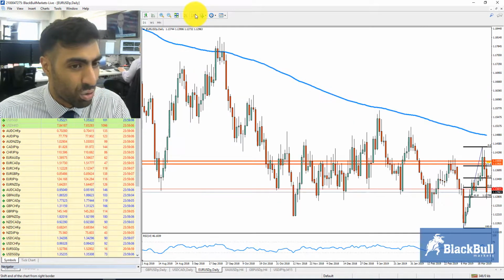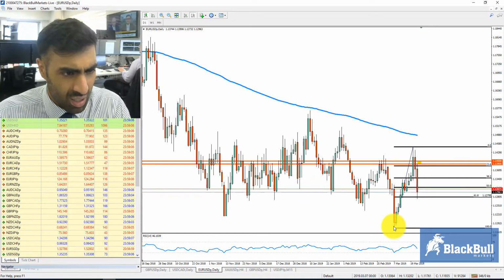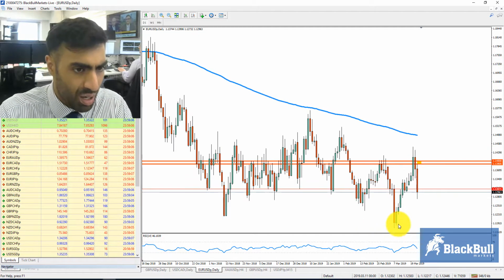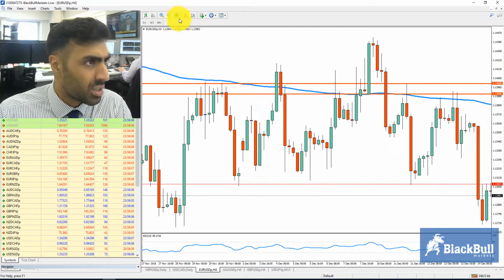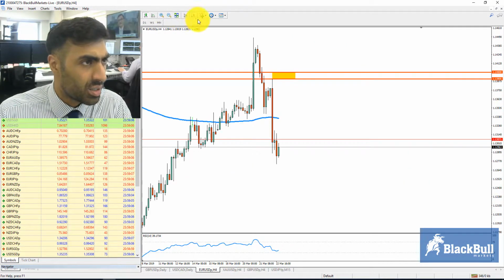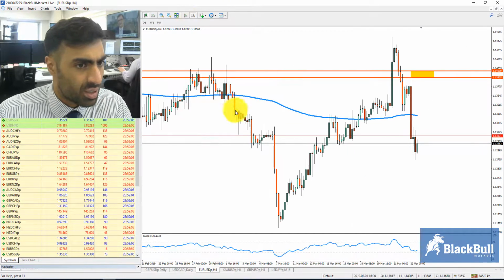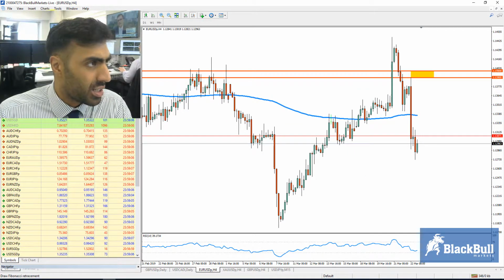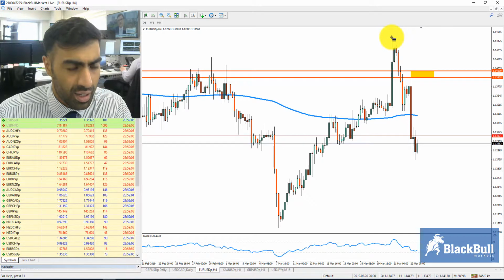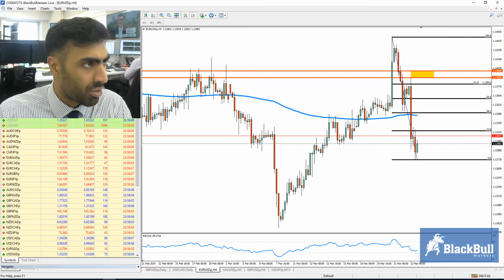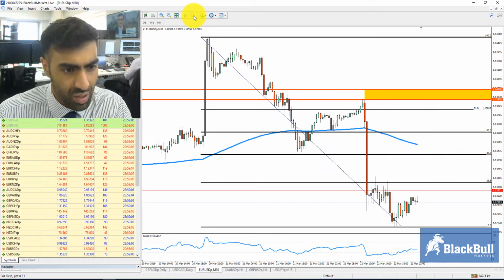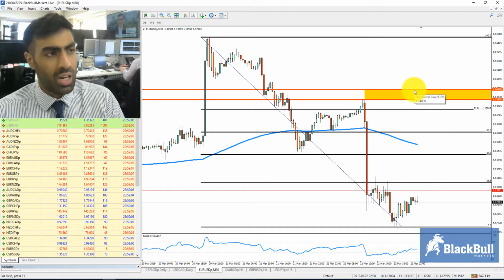Let's see if we can draw another fib in to get a better idea of this market. Let's take this high and this low, and take it down to a lower time frame to get a bit more of an in-depth look.